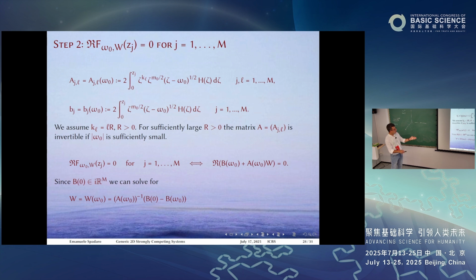And you see that now this one is small with omega 0 small because b is a continuous function, explicitly given by this form. So in some sense, we can reach the condition that all the real parts of the primitive at the critical points are zero by using the freedom given by these m complex parameters we have introduced in our perturbation.